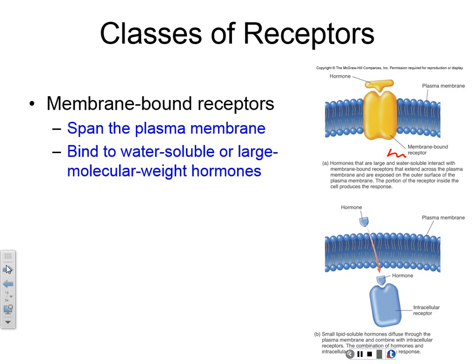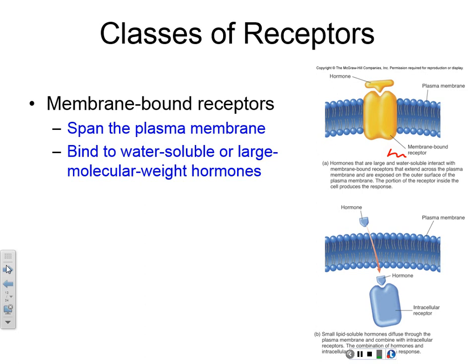Those hormones, because of their solubility qualities, if they are soluble in water, can't go through the membrane, so they will attach to a receptor on the cell membrane. Or sometimes it could be size. Just sheer size is too large to squeeze through the lipid bilayer. In that case, they still have to attach on the outside.